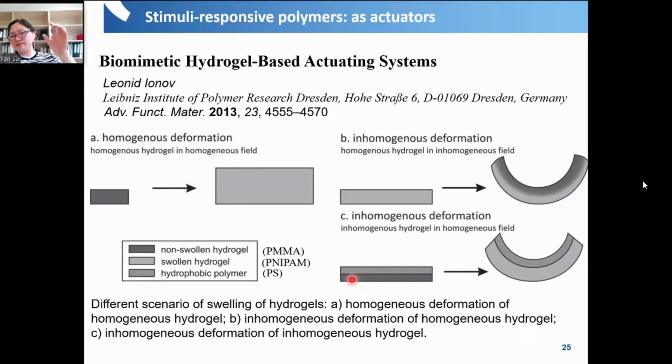You have so many different systems you can choose. Then if you change the temperature or pH in a homogeneous field, it still leads to an inhomogeneous layer phase transition, so they also get a mechanical bending deformation. And this is what the actuator would like to have.